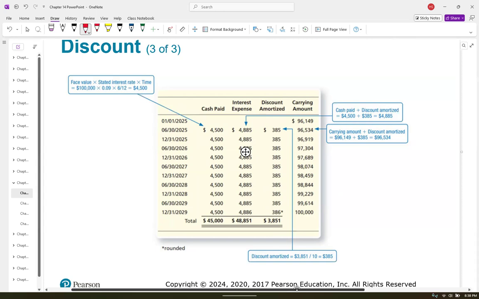So notice how I said that discount that gets amortized was going towards zero. This carrying amount is going towards the face. That's for a discount or a premium. It's just going to be opposite with a premium, but it's always, always going towards the face.